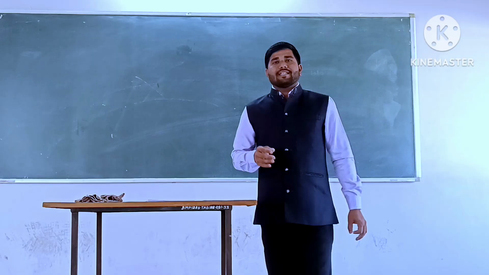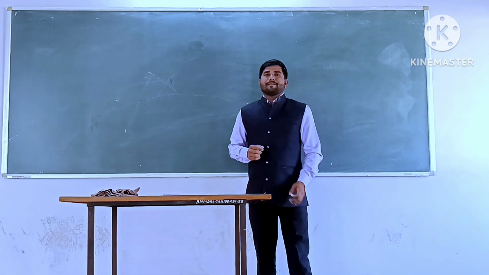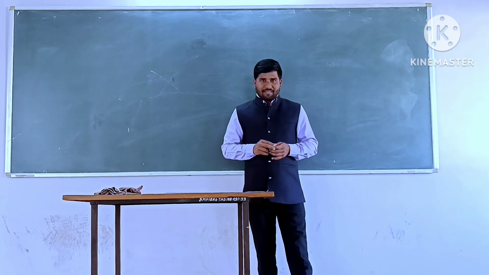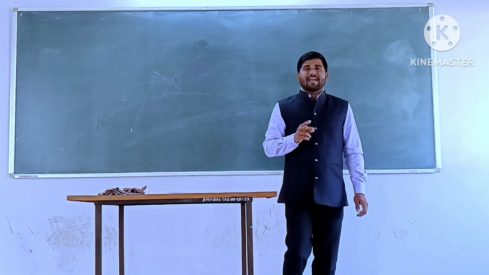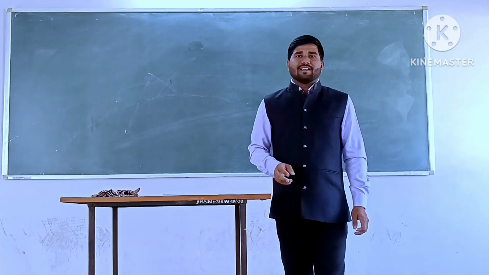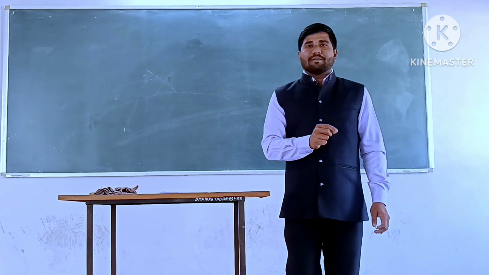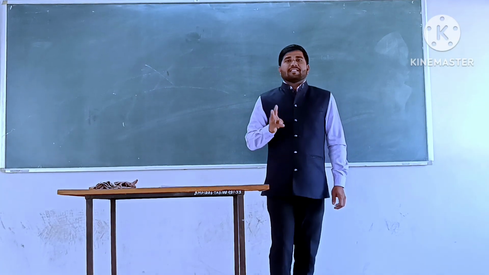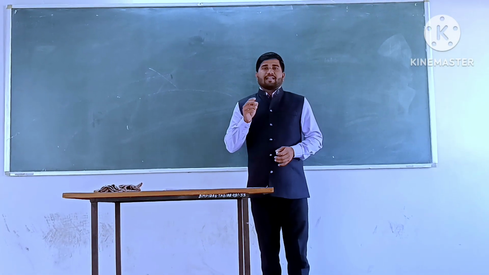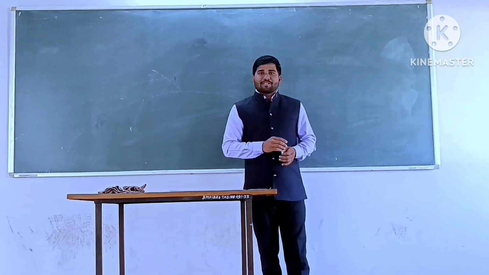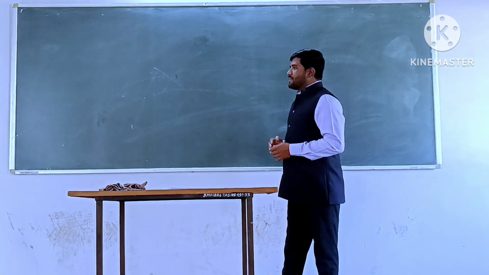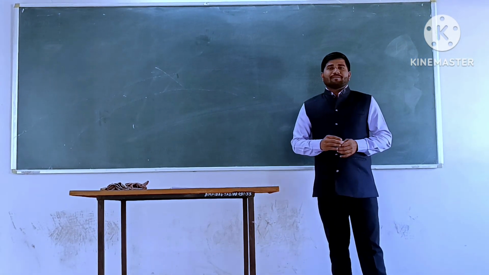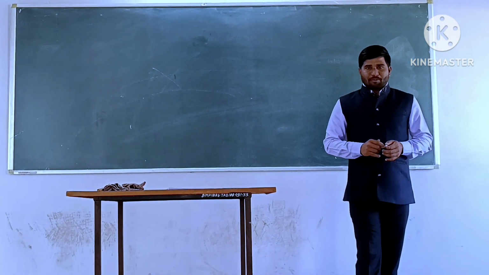Out of that, in the concentration method, there are again 2 different methods: one is the physical method and another one is the chemical method. And in the physical method, there are again 3 different methods: the gravity separation method, the magnetic separation method, and the last method, that is the Froth flotation process.